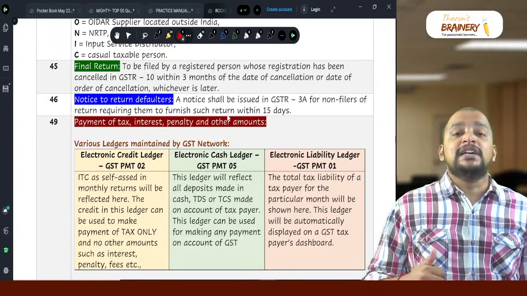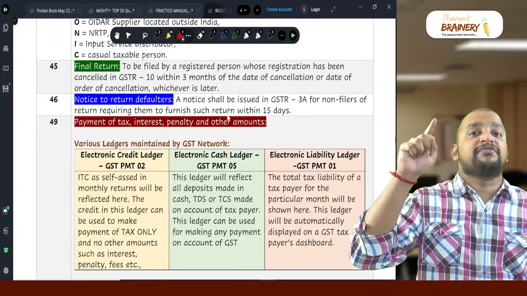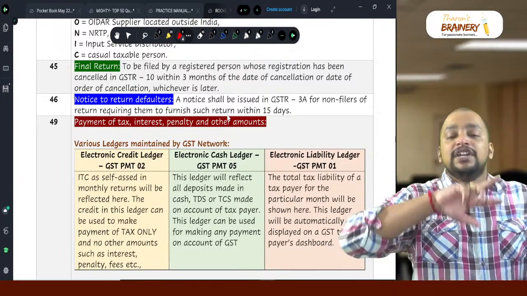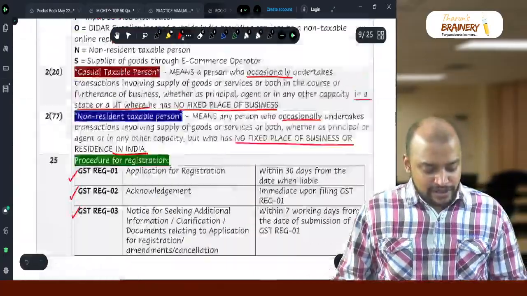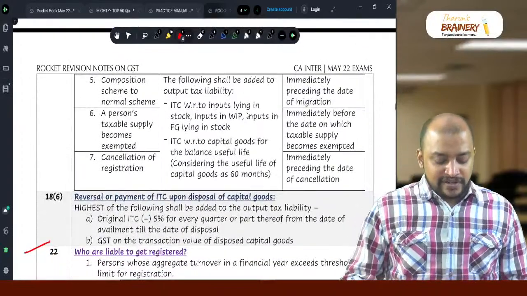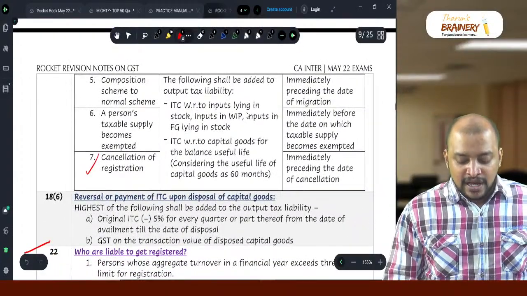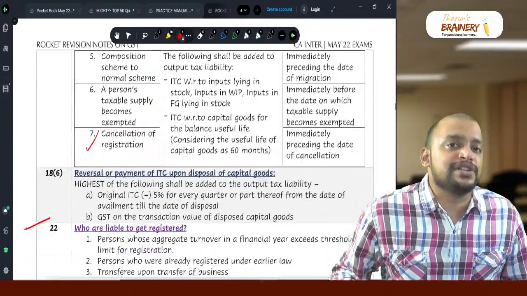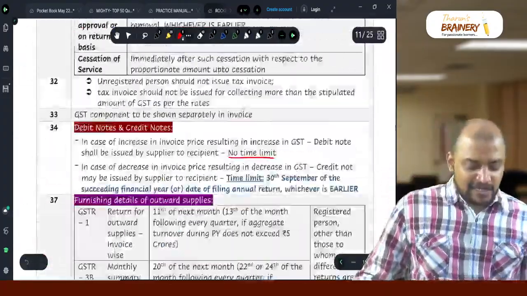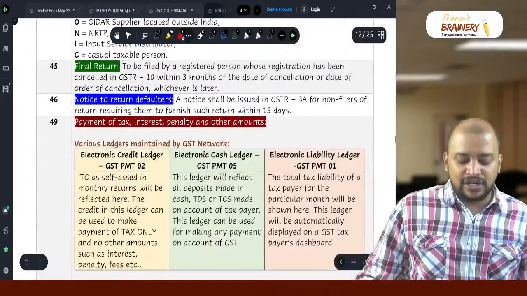For what purpose? In case of section 29 subsection 5, which we discussed along with 18.4, we need to reverse the ITC on closing stock. Whenever there is a cancellation of registration, we need to reverse the ITC on closing stock. So details of that closing stock need to be reported in the final return. So that is section 45.